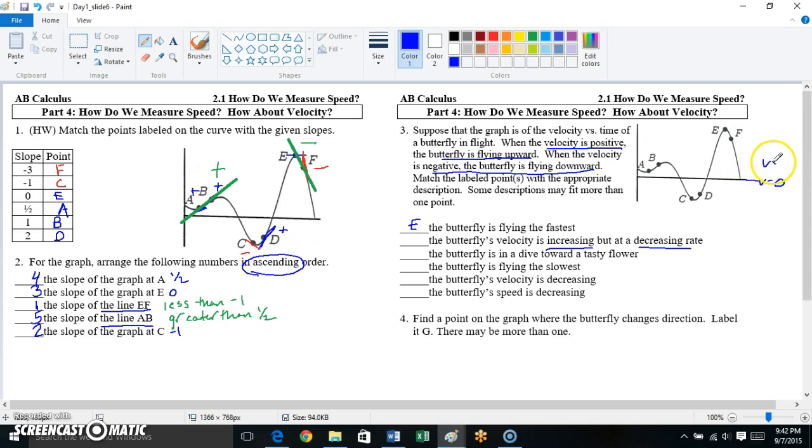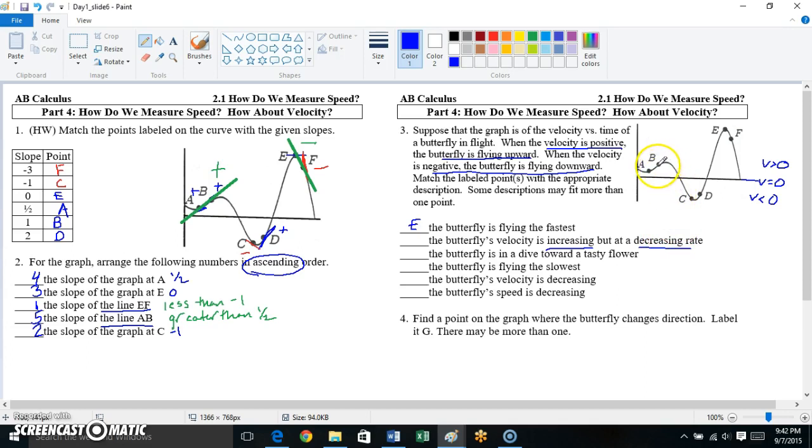And here the velocity is positive, and here the velocity is negative. Okay, so increasing, the velocity has to be going up. All right? But at a decreasing rate, so that means the slope has to be getting smaller, or be small. All right?